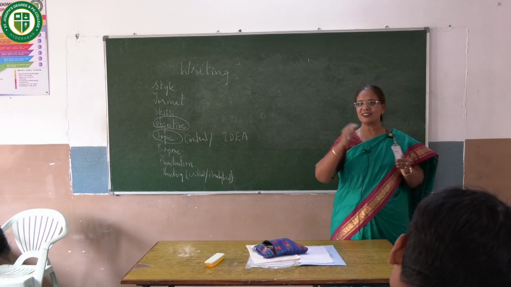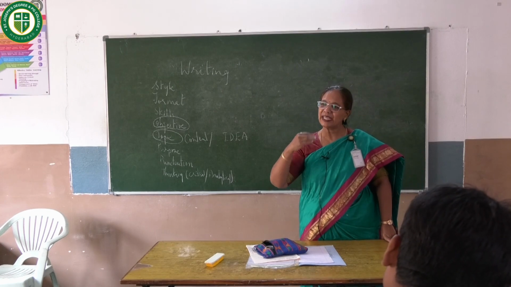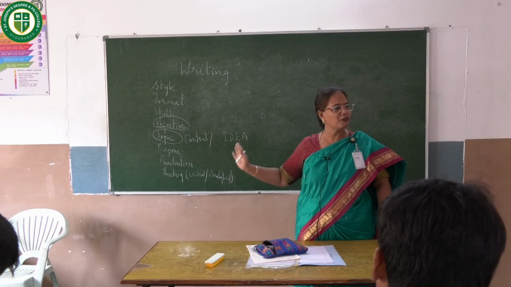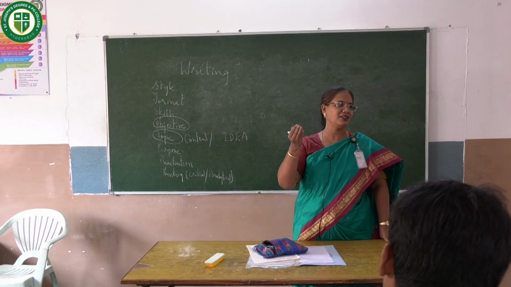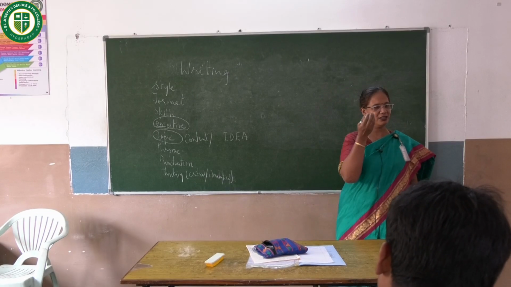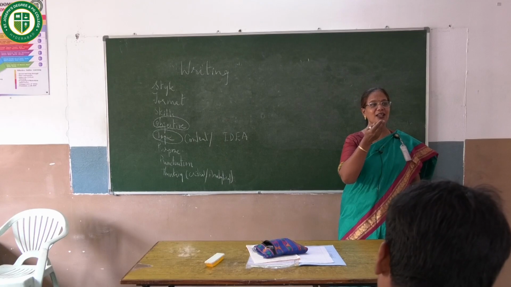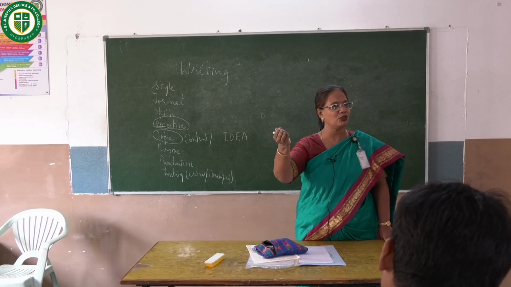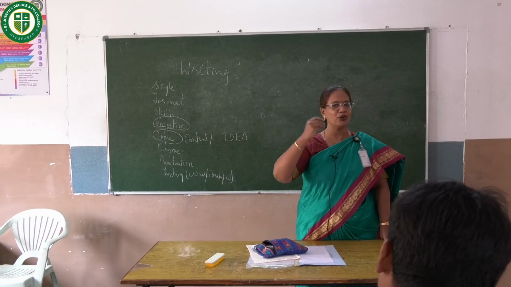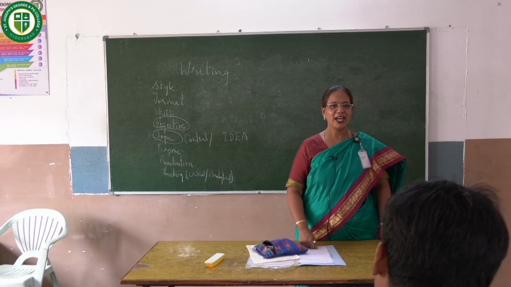So the writing process begins, the generation of idea begins with the reader oriented strategy. So the writer begins with the writing strategies and then moving on to something called the reader oriented strategy that he has to adopt.